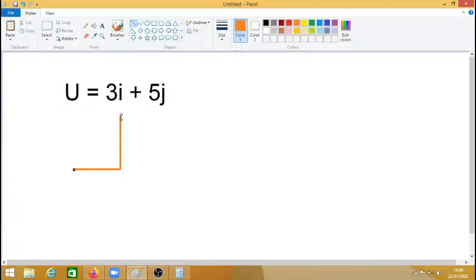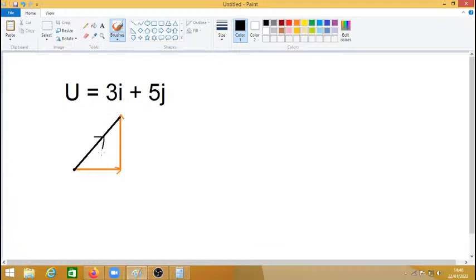So that's the initial velocity components, horizontal and vertical. So that means the overall speed is going to be this line here. That's your vector for the initial speed.